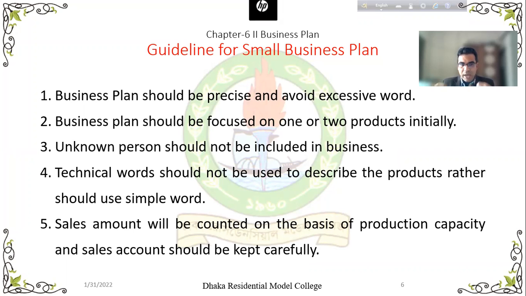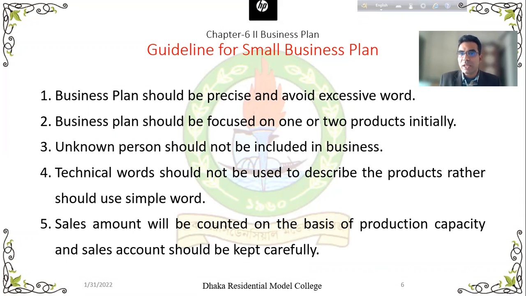Here is written, but I have presented the guidelines using very simple language, very simple words. You will understand easily. Here is written, a small business plan should be precise, সংক্ষিপ্ত হতে হবে, and avoid excessive words, অতিরিক্ত অর্থ পরিহার করতে হবে.